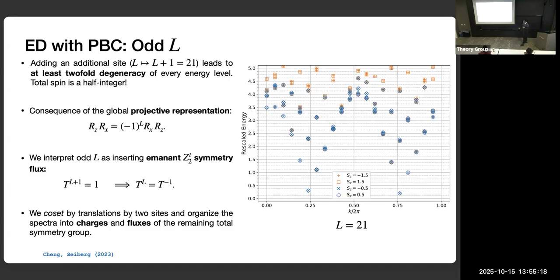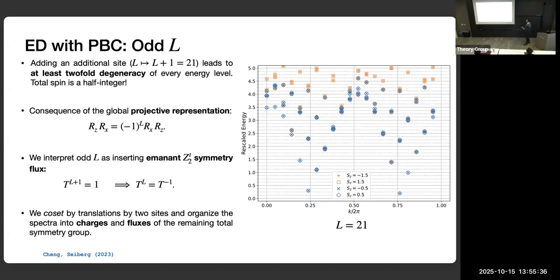Not focusing on SO3 or SU2 representations, but just focusing on the lattice symmetries, it is because the 2 discrete symmetry generators for Z2Z and Z2X are now anti-commuting whenever L is odd. That's why there's an exact 2-fold degeneracy.